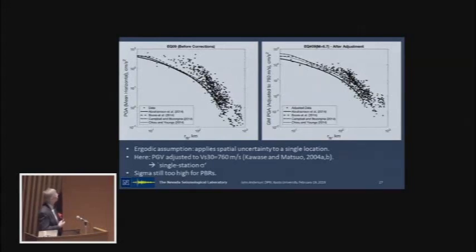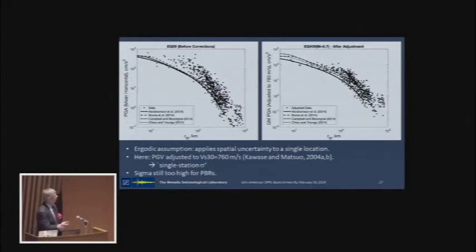And at this time, they are being compared with the ground motions from 4 models that we're using in the western United States. These don't have any corrections. These use the corrections of Kawase and Matsuo to adjust all of them to a fixed value of VS30, and there's still a lot of scatter.